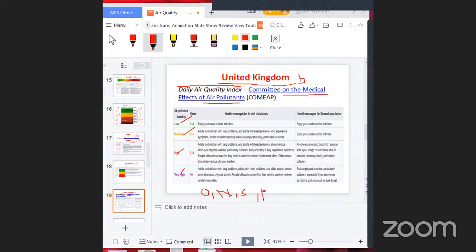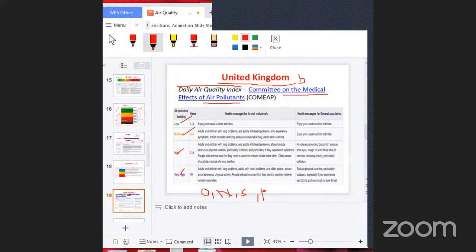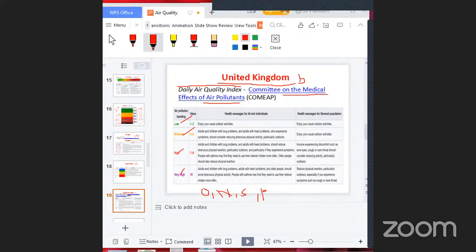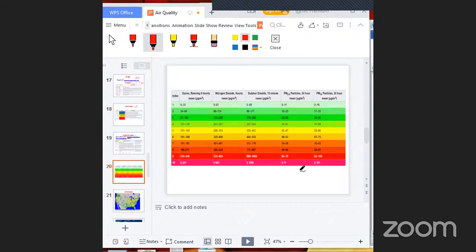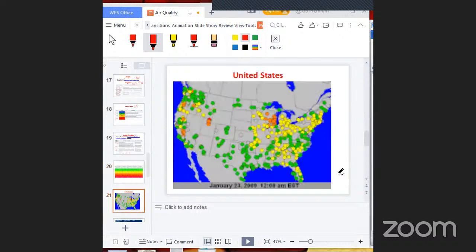The breakpoints between index values are defined for each pollutant separately, and the overall index is defined as the maximum value of the index. Different averaging periods are used for different pollutants. So UK is over.